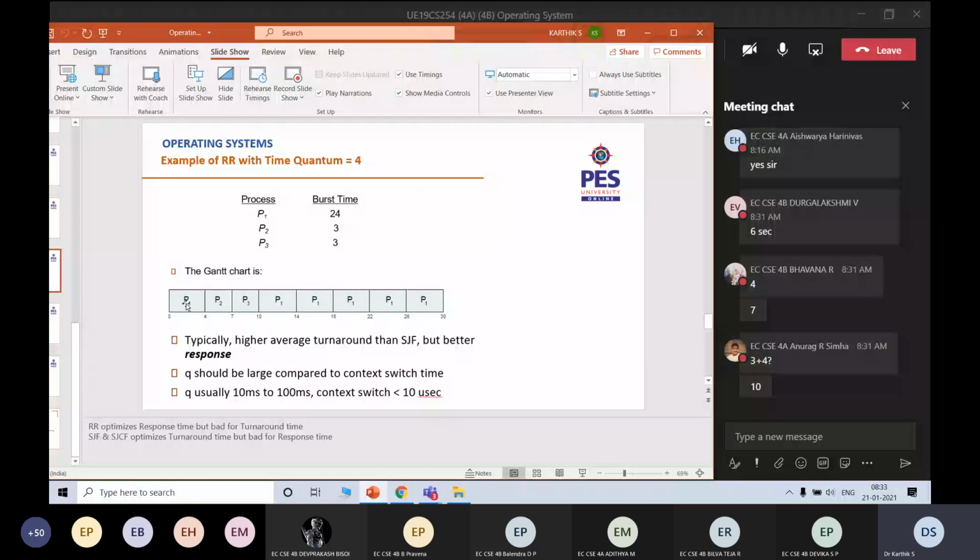But if you look at the response time for every process, which is the first place where it gets its response, since every process is going to get a time quantum, it is going to be much lesser compared to SJF or any other algorithm. Everybody starts its execution, at least partially, when it gets its time quantum. So the average response time is going to be better in round robin.